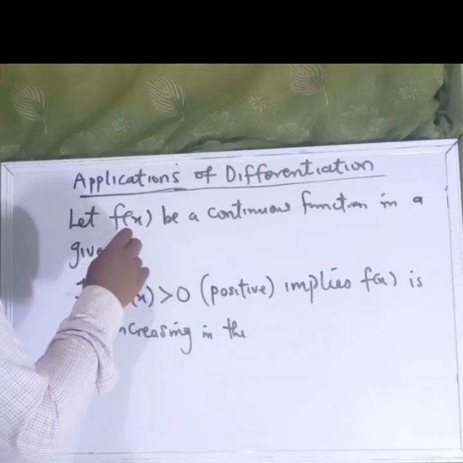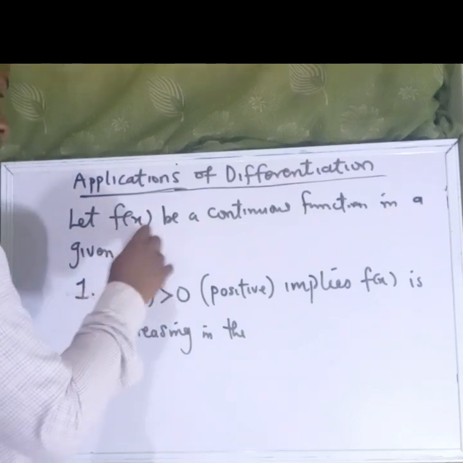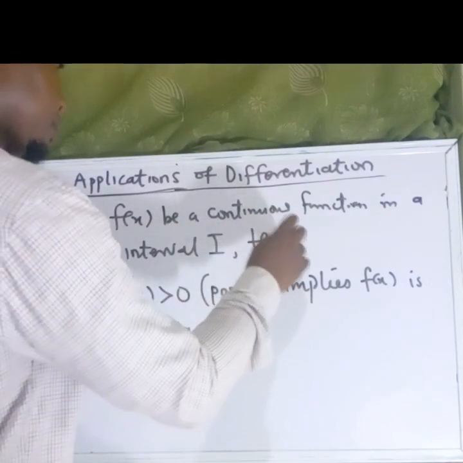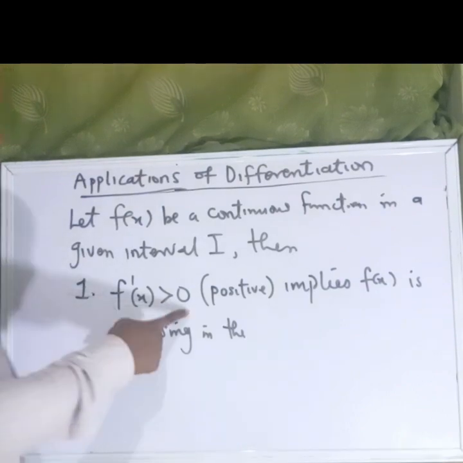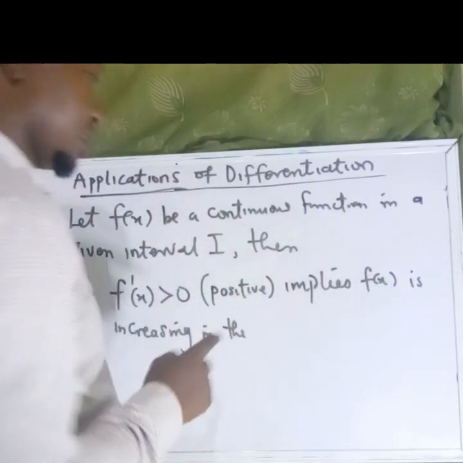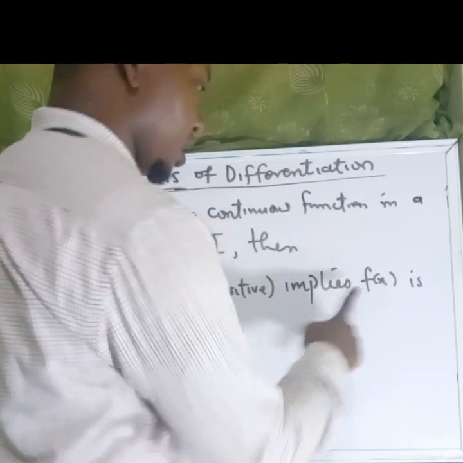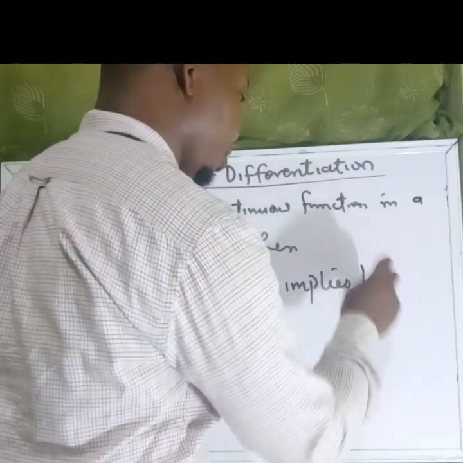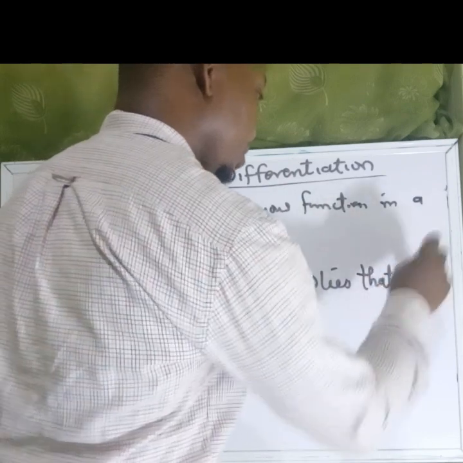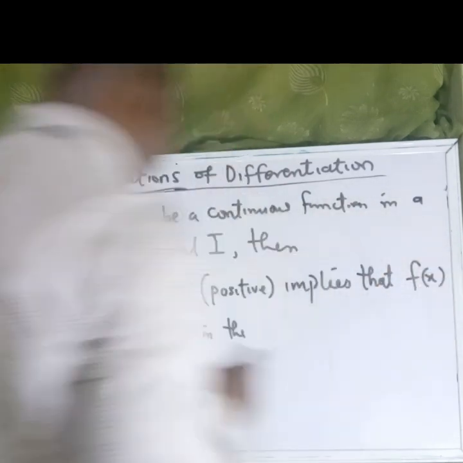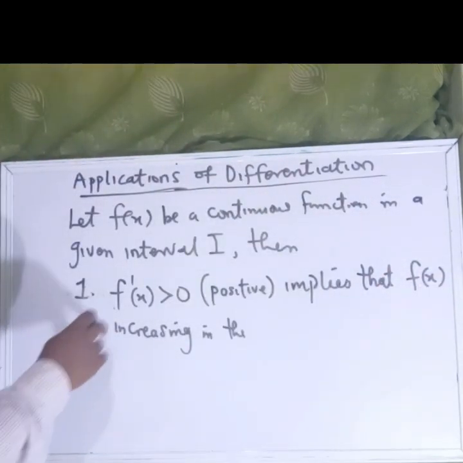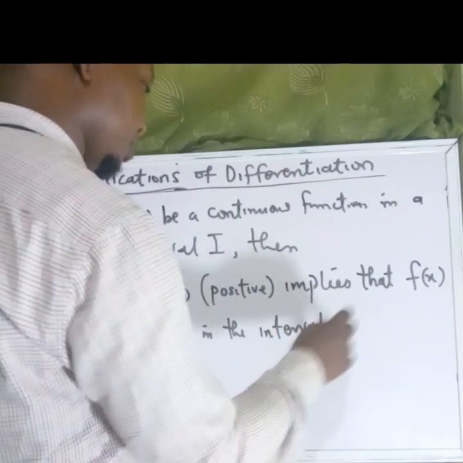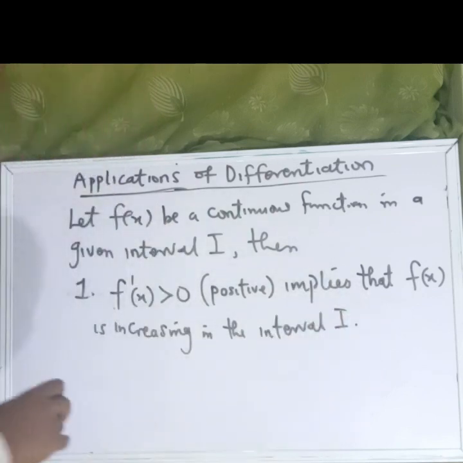This is in a given interval I. So f prime of x greater than 0 implies, let's give it complete English, so as not to give room for ambiguity here, that f of x is increasing in the interval I. This is more appropriate.